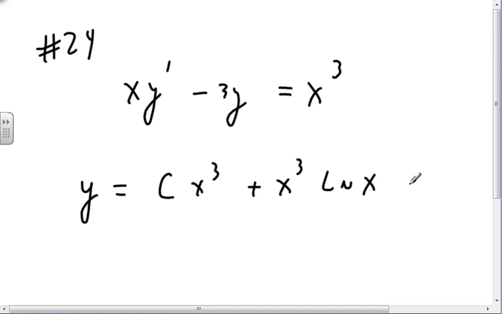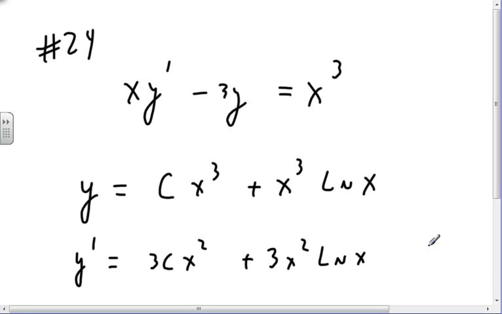I'm going to verify that this is in fact the right guy. So y prime is 3c x squared plus 3x squared natural log x plus x squared.